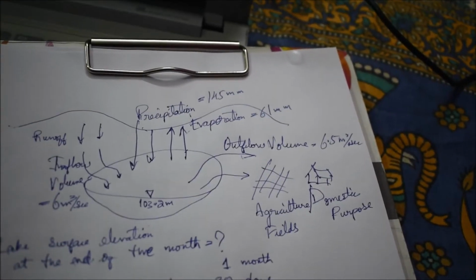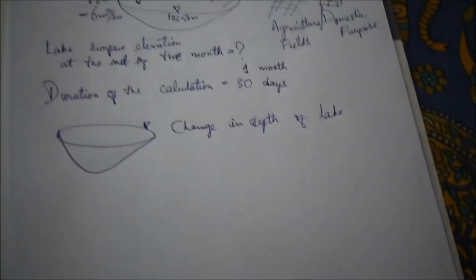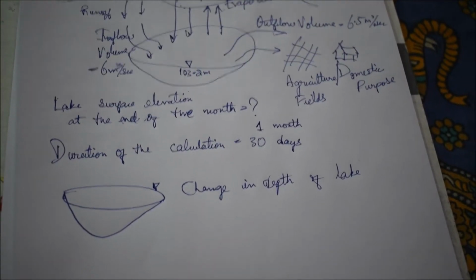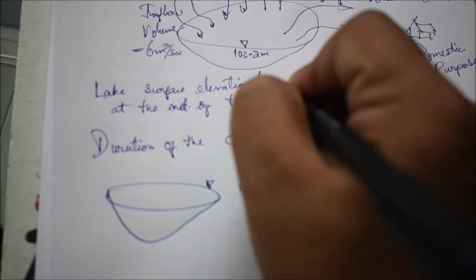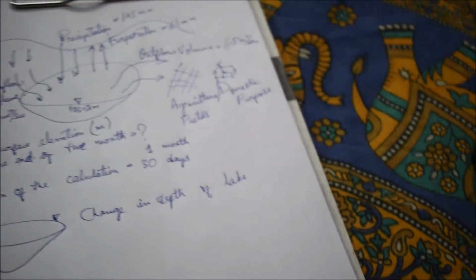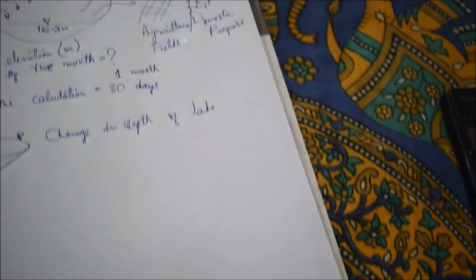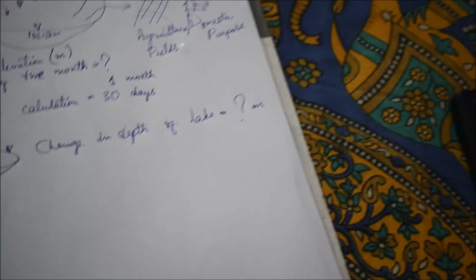But we have precipitation and evaporation in terms of depth. But what are we supposed to calculate? We are supposed to calculate the lake surface elevation at the end of the month. So what is the unit for elevation? It is meters. That means we have to calculate the change in depth of the lake, which should be in meters itself.